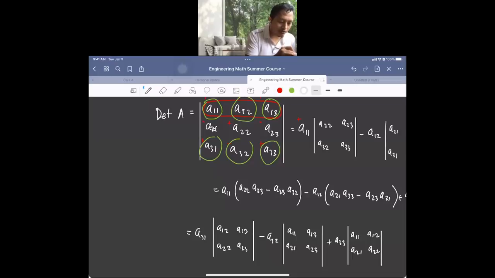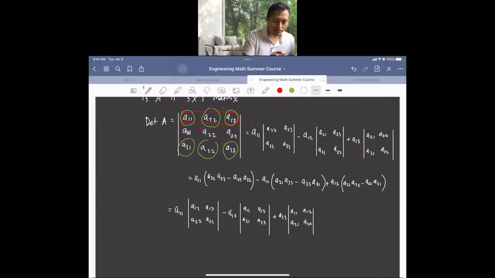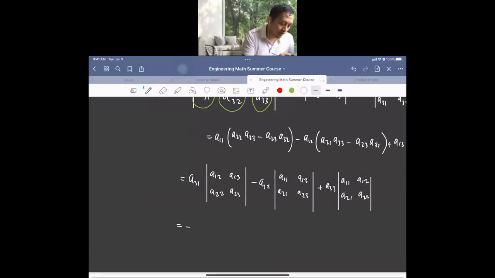We can also use the second row, but for the second row we are going to have negative A21, plus A22, and minus A23. The result is supposed to be the same.